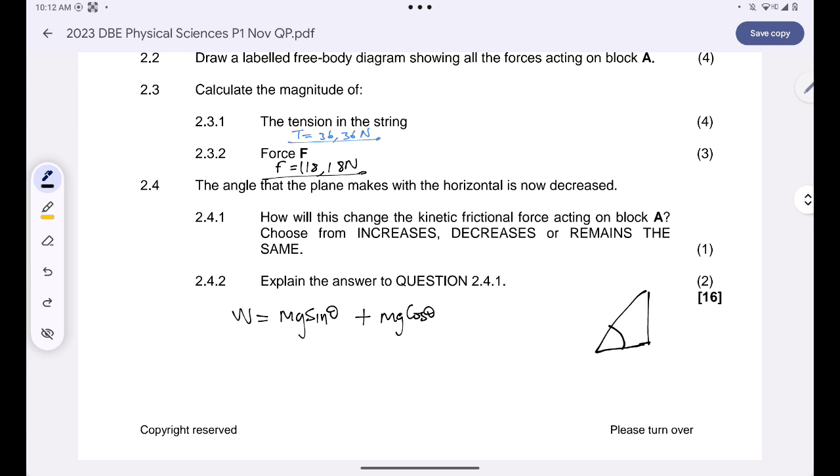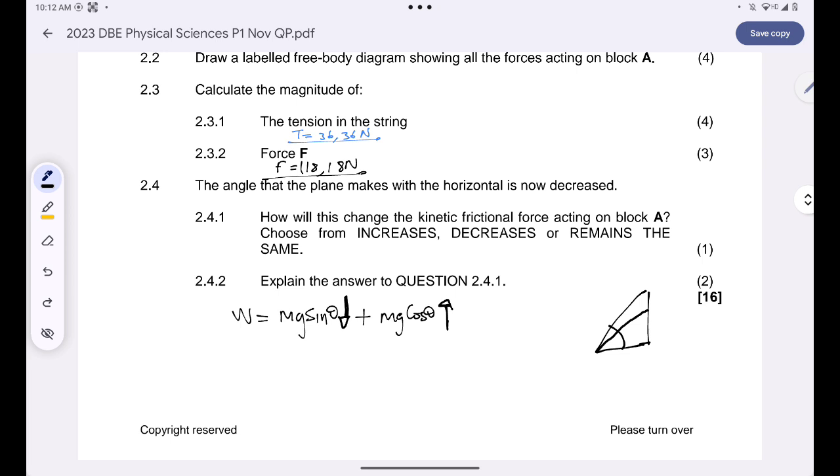When I choose to decrease my angle, I'm simply decreasing the height above the ground. And whenever I decrease the height above the ground, remember that according to SOH CAH TOA, that means I will be decreasing Fg parallel. And whenever I decrease Fg parallel, I will simply increase the Fg perpendicular.